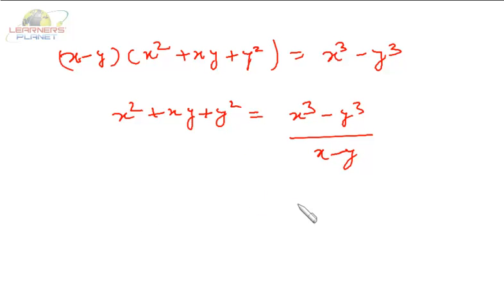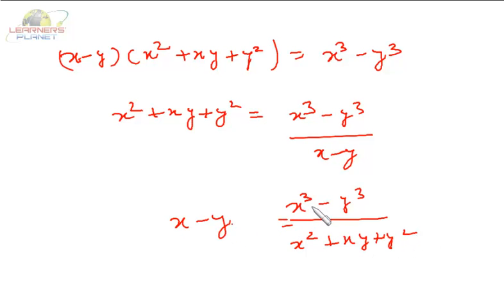Similarly, if you divide x cube minus y cube by x square plus xy plus y square, then you will get x minus y. That means x cube minus y cube is perfectly divisible by x square plus xy plus y square, and after division it will give x minus y as a quotient.